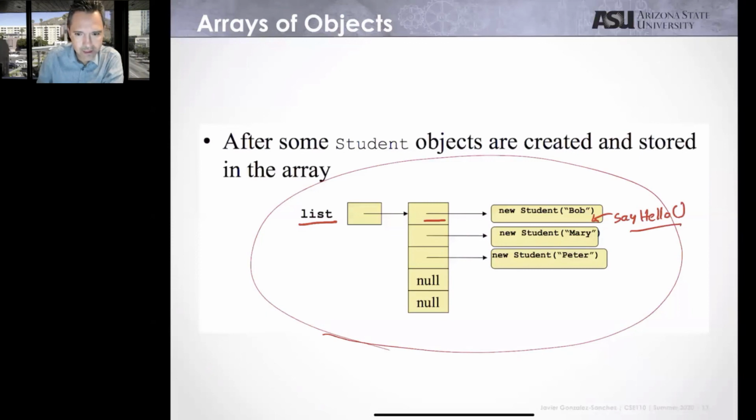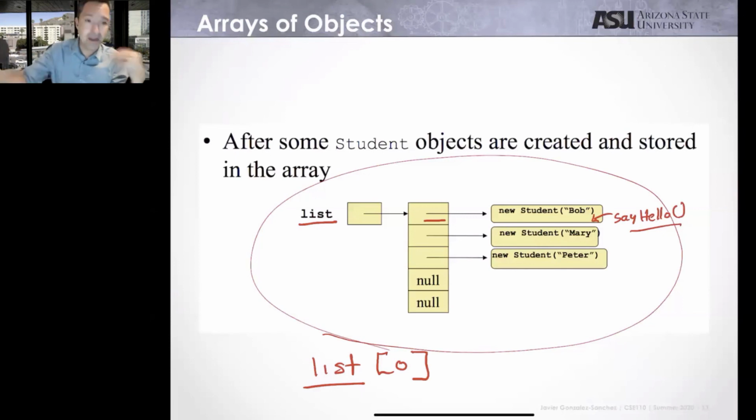What is the Java instruction for calling the method sayHello that is in position 0 in my array of objects, and the array name is list? Thank you. Name of the array, correct. The position in the array, correct. So, do you remember? Name of the array, the position.